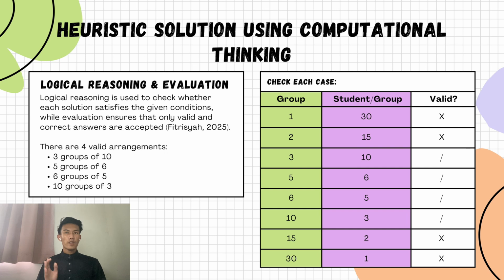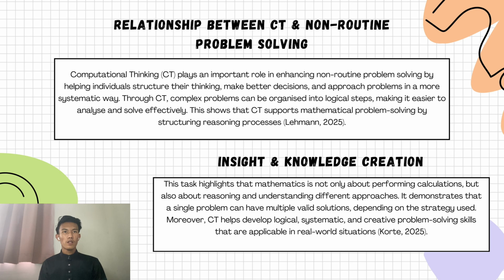So based on this table, there are 4 valid arrangements, which are 3 groups of 10, 5 groups of 6, 6 groups of 5, and 10 groups of 3. This step is very important because we are not just calculating, but we are justifying why an answer is valid or not.